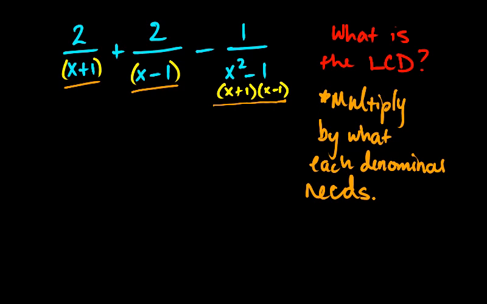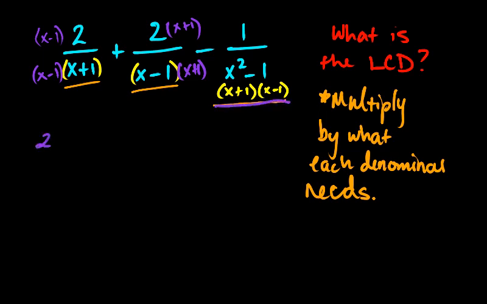And so when I look at this, if I'm trying to achieve x plus 1, x minus 1, this denominator here, the first one, needs an x minus 1. So I'd multiply by x minus 1 on top and bottom. The second one needs an x plus 1, so I multiply by that on top and bottom. And the third one doesn't need anything because it's already got x plus 1 and x minus 1.